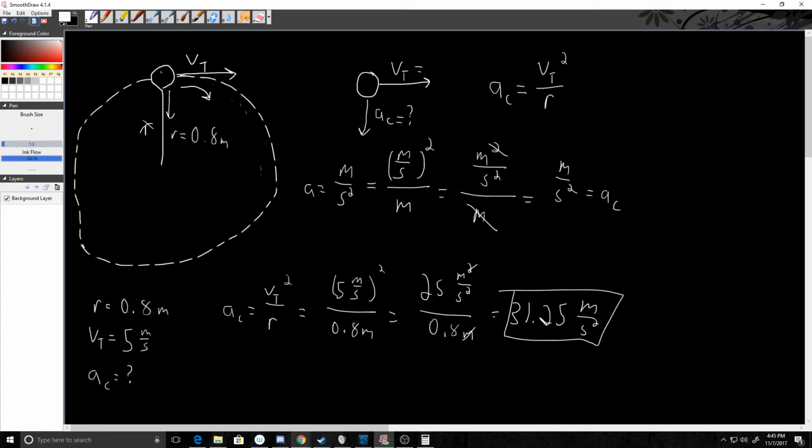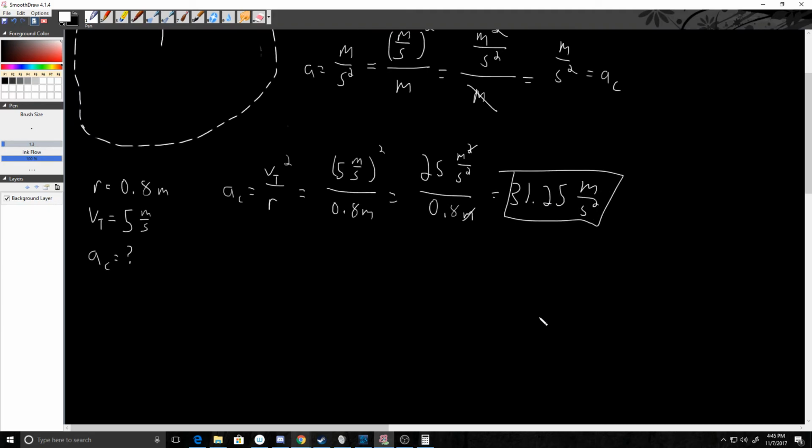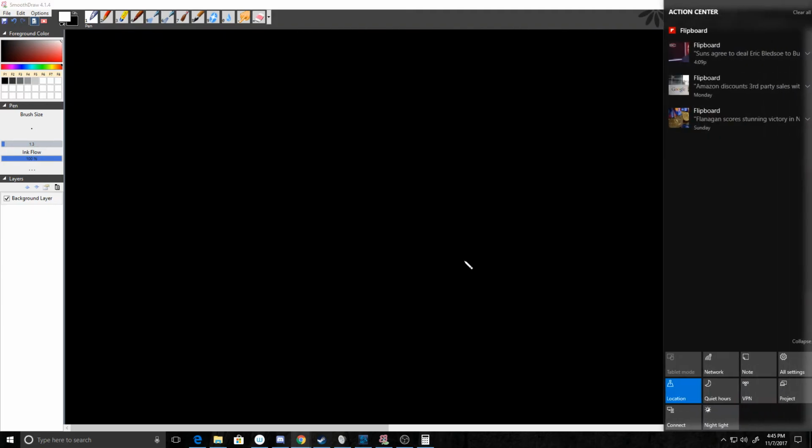All right, so one more thing we're going to add to this. Let's look at the same thing: a ball on a string, and it cuts out a curved path here. If I'm diagramming this out, we're going to say it's going that way.